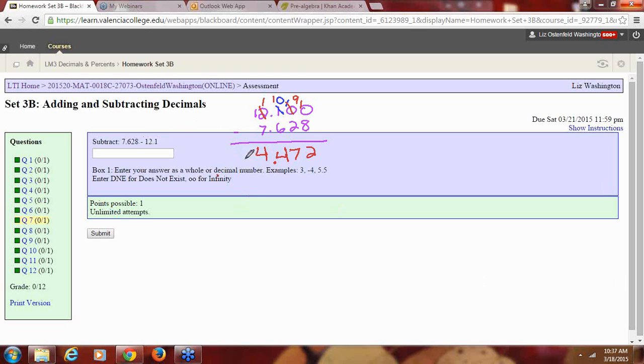So this is my answer, but it's going to be a negative 4.472 because here the larger number is negative. Even though I had to write him first and I wrote minus like this, the answer is still negative because the bigger number is negative here. Okay, exactly. Good job. I'm glad I bumped into that one.